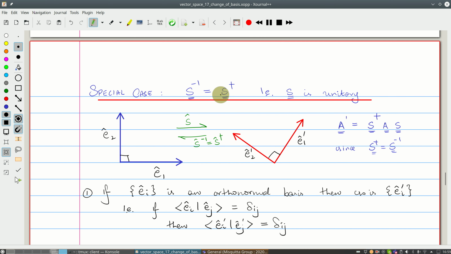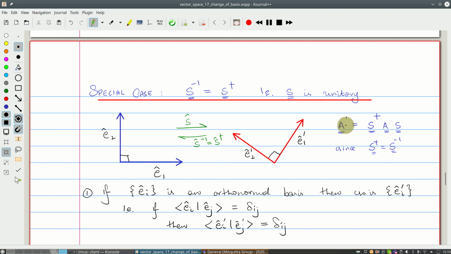Now, this is a special class, because what we will show, I'm going to leave some of these to you as an exercise, is that if you start off with an orthonormal basis, so here I've used the hats to indicate that this is an orthonormal basis, then this kind of transformation, this unitary transformation S, keeps the basis orthonormal. So it may rotate itself or whatnot, but it's going to remain orthonormal. And likewise, if you use the reverse transformation, it stays orthonormal.